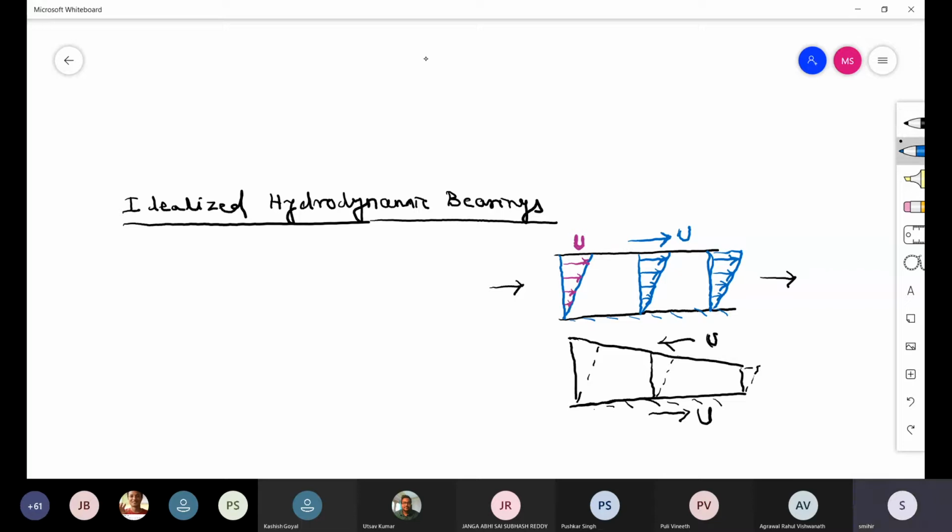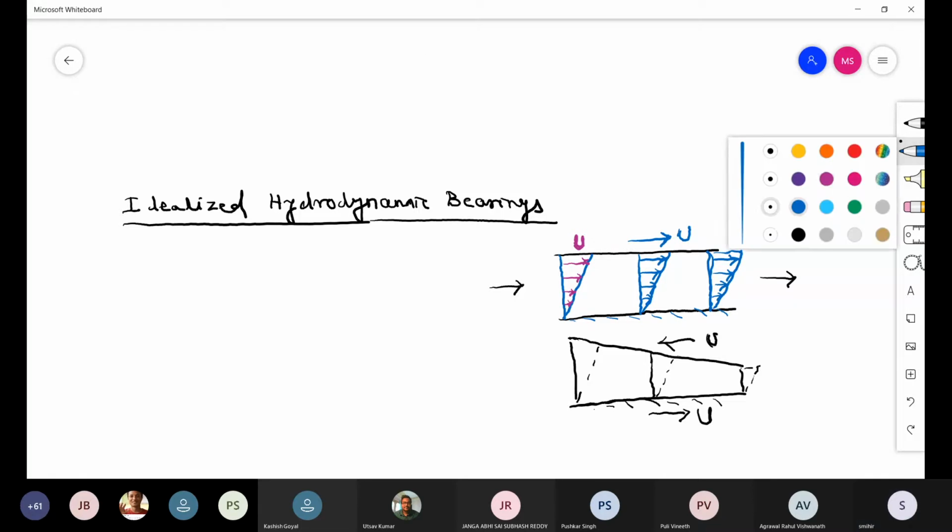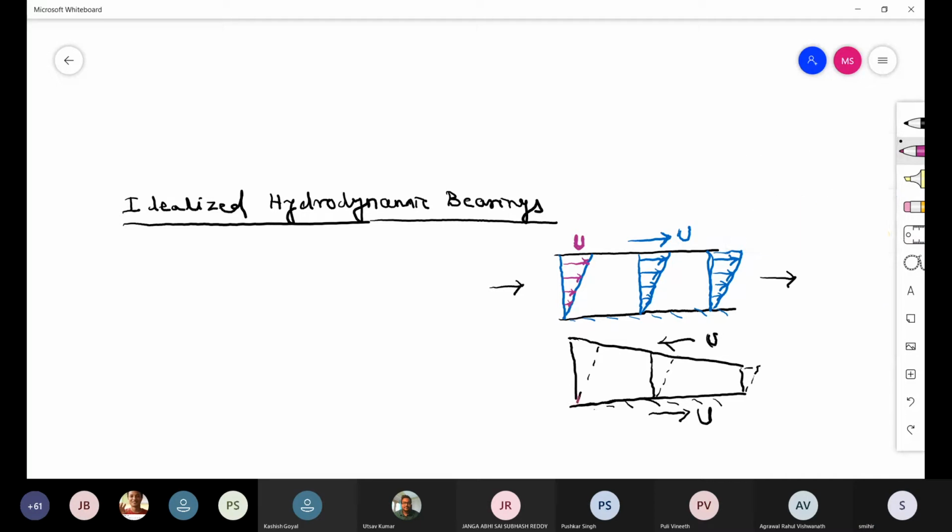But because of this inclination, this will be kind of concave, this will be kind of convex, and this will be straight. So these are the kinds of velocity profiles you will get.